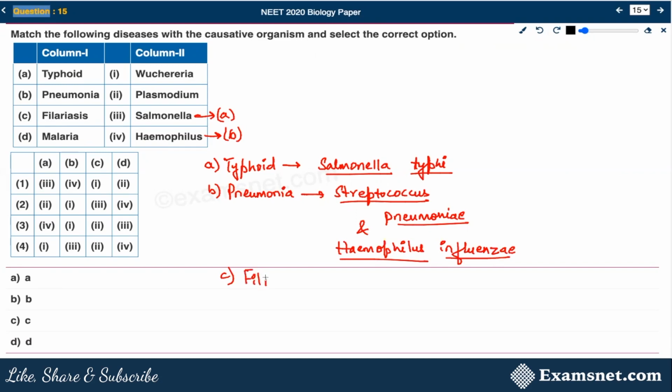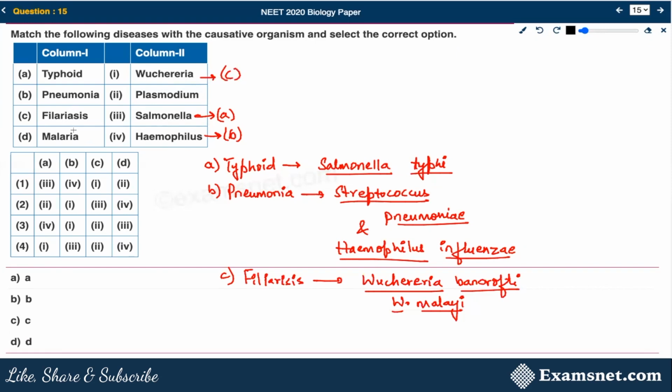So, filariasis is caused by Wuchereria. And there is Wuchereria bancrofti and Wuchereria malai. These are the two species which causes filariasis. So this will go with the option of C.